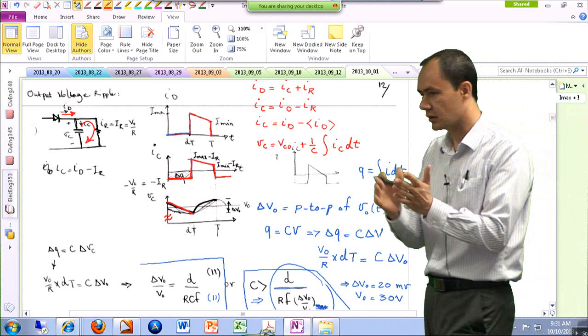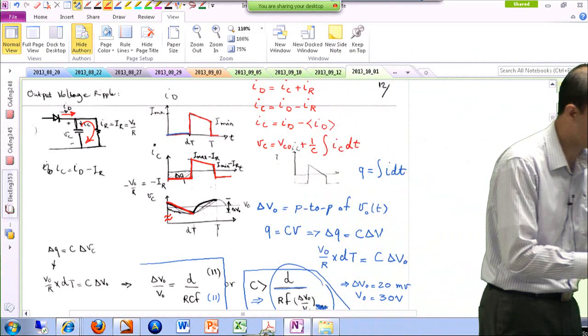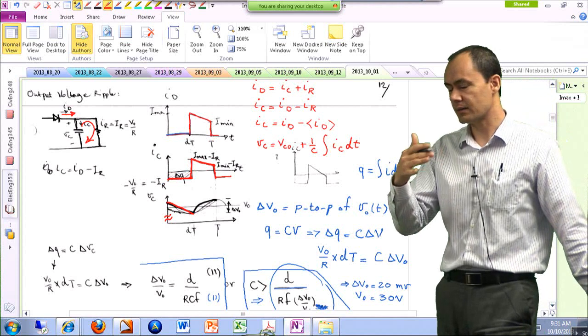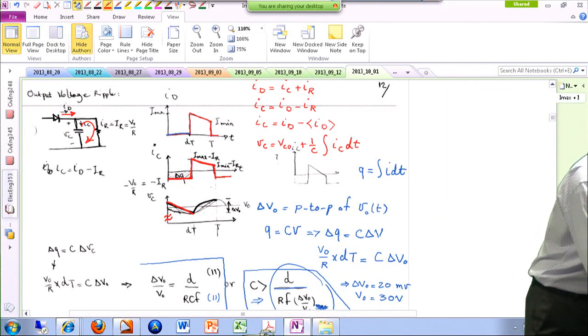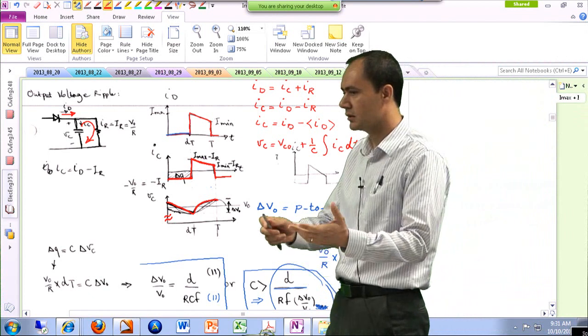Just integration of a flat line is a constant value, which is just a decline. Then over here the current of the cap is positive, so the indication is the voltage of the cap is going to rise, and because it's a straight line, when you integrate that, you're going to get a quadratic, second order kind of form. Okay, so that's how it is.